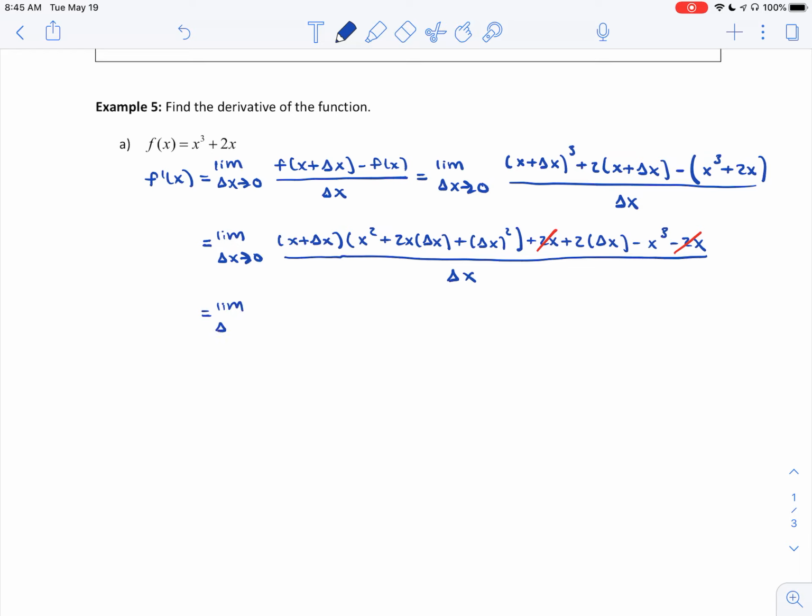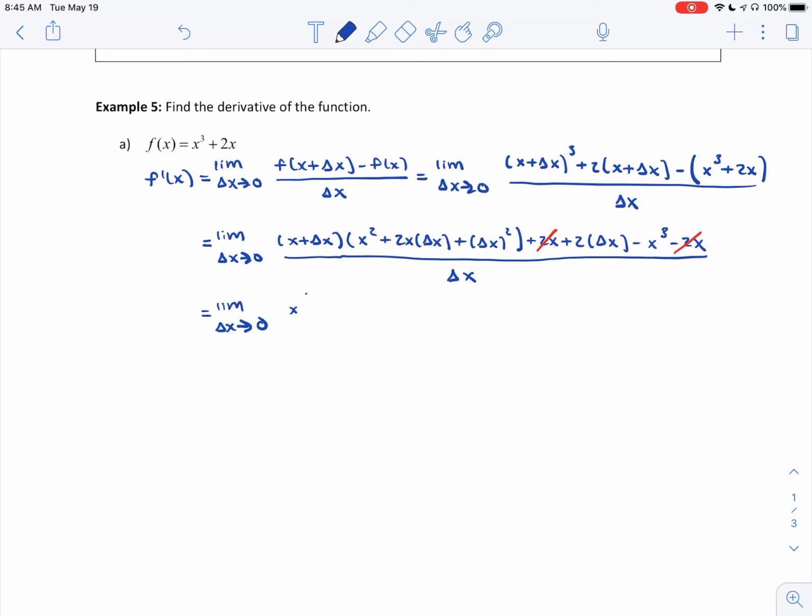And again, just keep bringing that limit down. Okay, so next we have to finish this guy out. So I'm just going to go ahead and distribute my x in, and then I'm going to distribute my delta x in here.